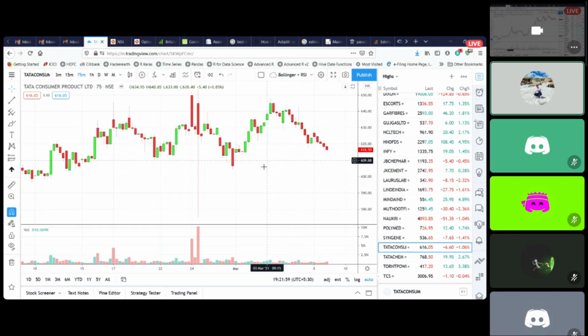Entry is also always at the closing of candles. Once the candle has closed, it has given you the confirmation that the setup has formed. Only then I will take the entry. So it's 10:30, then 11:45, 1 o'clock, 2:15. It can be 5-10 minutes here and there. That wouldn't cause much of an issue.